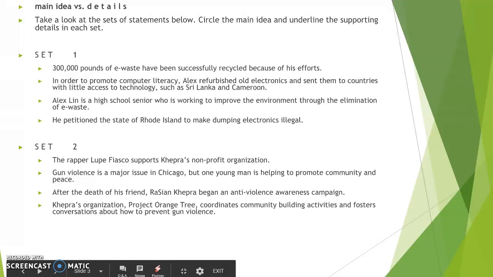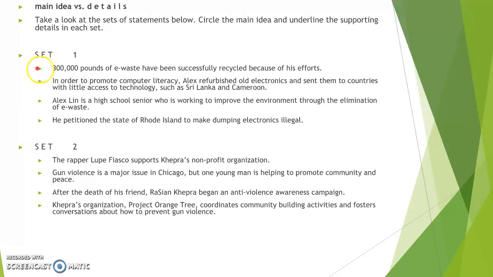Okay, so in set 1, the first bullet point says 300,000 pounds of e-waste have been successfully recycled because of his efforts. The second bullet is, in order to promote computer literacy, Alex refurbished old electronics and sent them to countries with little access to technology, such as Sri Lanka and Cameroon.